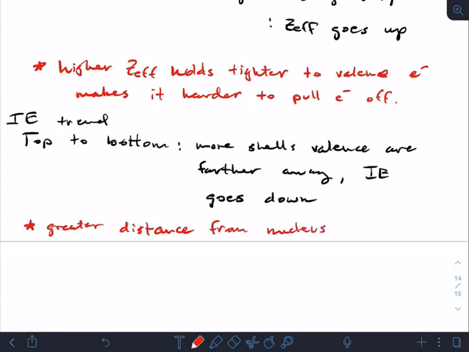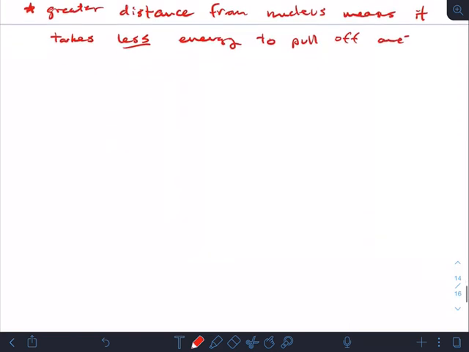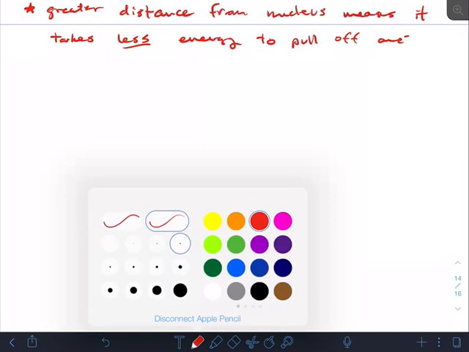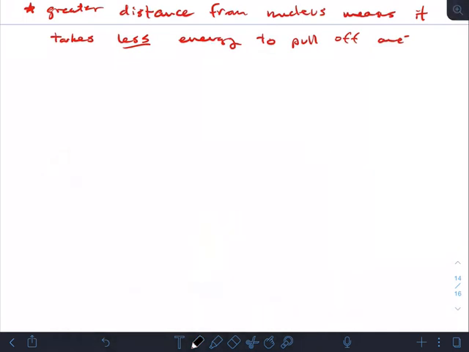Greater distance from the nucleus means it takes less energy to pull off an electron.